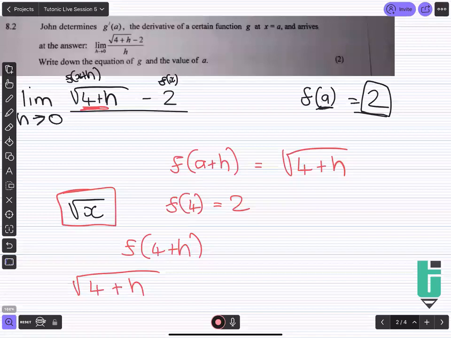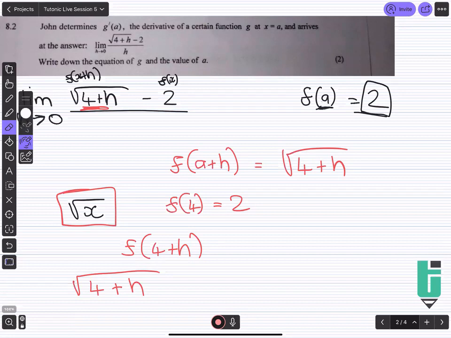Could you just explain where you got that 2 from? We have got the 2. Which 2? By f of a equals 2. Because, do you agree that the numerator of first principles is f of x plus h minus f of x?